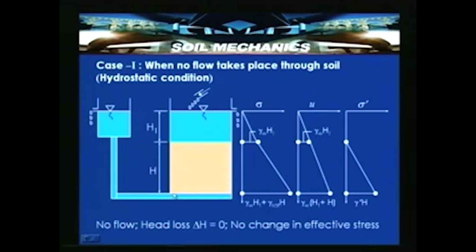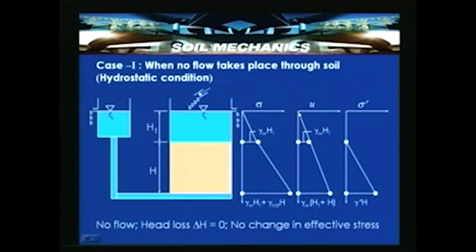At point B, if you call this point A and this point B, it is gamma W H1 plus gamma sat H, because gamma sat is the saturated unit weight of the soil and gamma W H1 is the water pressure which is acting. So, the total stress acting over a unit area is gamma W H1 plus gamma sat H.